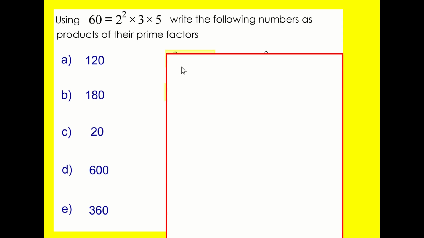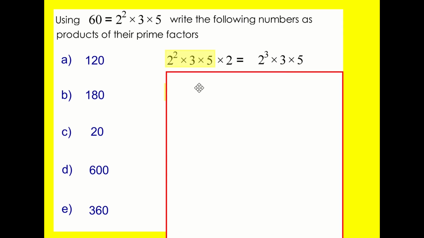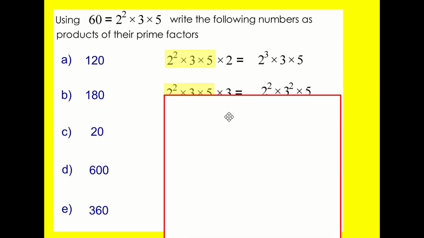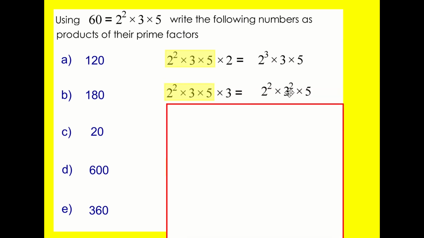Here goes then. So 120, we recognise we just do 60 times 2, which is just this 2 squared times 3 times 5 and times it by an extra 2. We then add 1 to the power of 2. So that's the answer. 180, very similar, but we're timesing by 3. So we add 1 to that power. 20, we're going to actually divide through by 3.